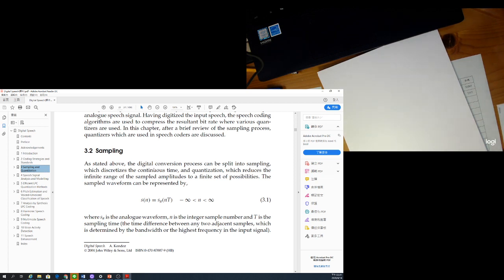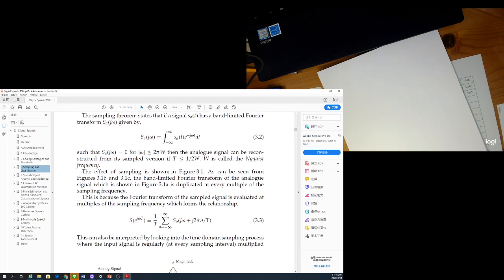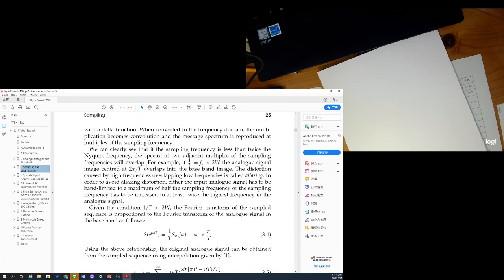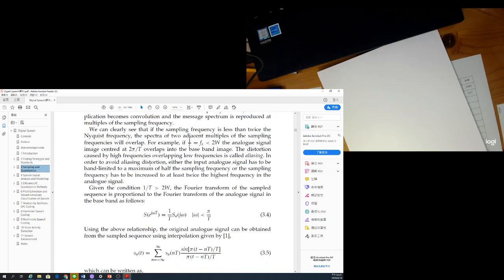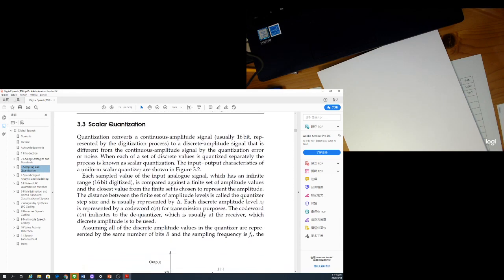So most of the speech processing we work on uses 8 kilohertz sampling. You try to make sure to satisfy the Nyquist frequency theory. You should be well prepared, having this kind of knowledge from your undergraduate courses.